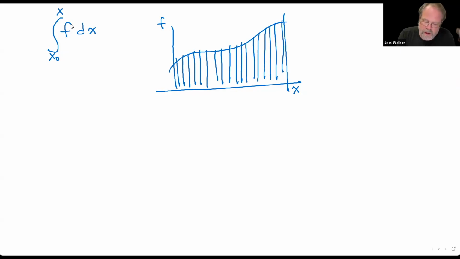This says the height value, f, whatever it might be, multiplied by little steps in the width, little steps dx in the width. That gives us a little sliver of area, and we add up the slivers from our initial position to our final position.